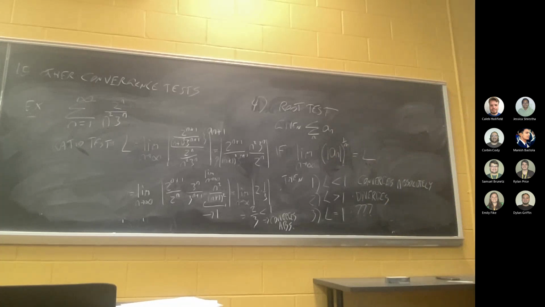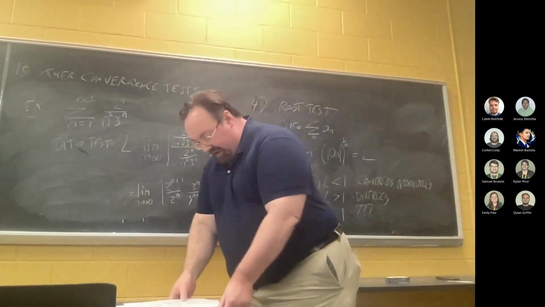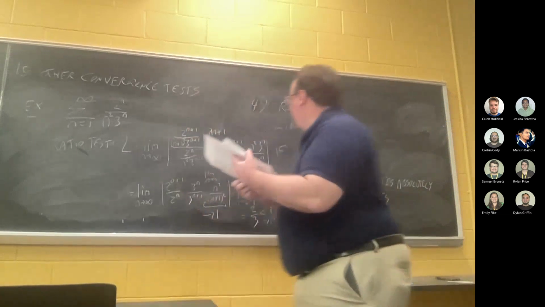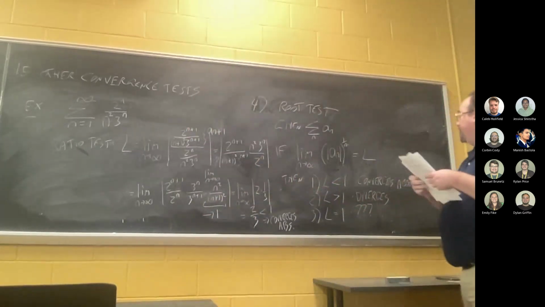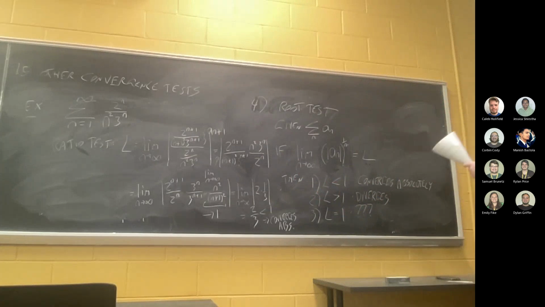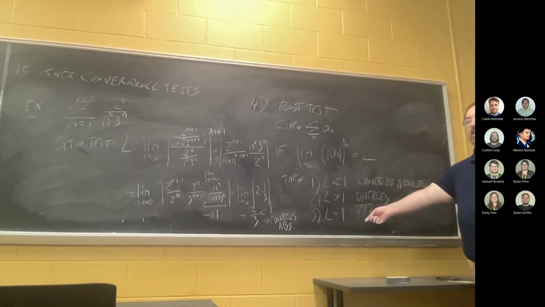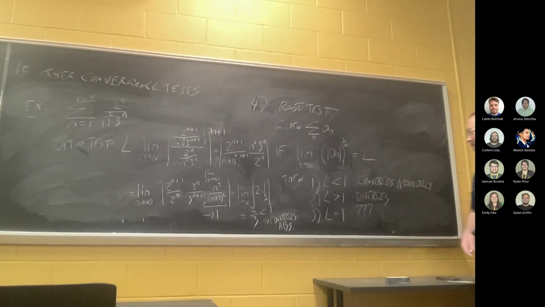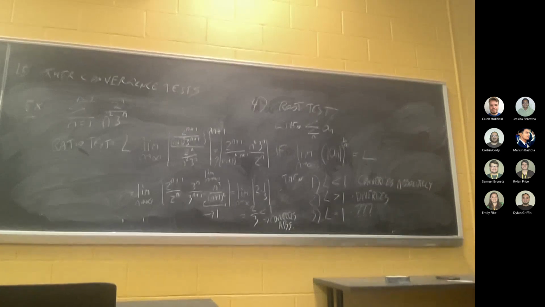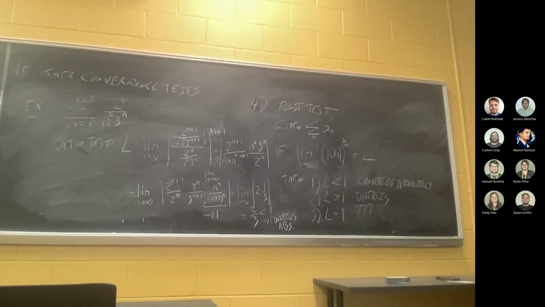So you're taking the nth root of the absolute value of a_n, and you take the limit of that as n goes to infinity, and see what you get if there is a limit at all. The rest of what I've written here for the ratio test still applies. It's exactly the same. If the limit is less than 1, it converges absolutely; greater than 1, it diverges; equal to 1, inconclusive.